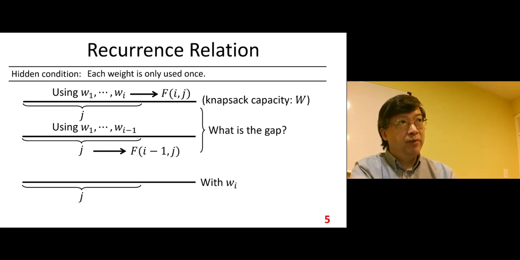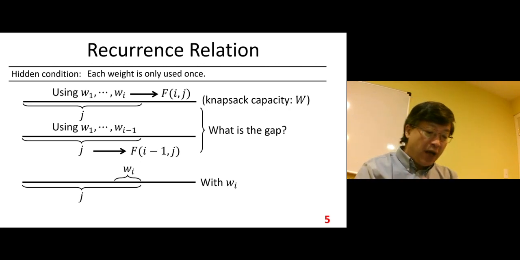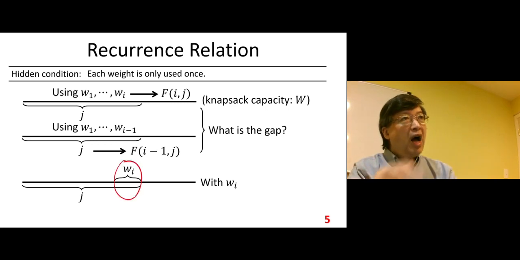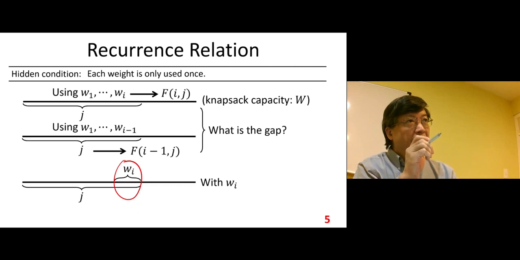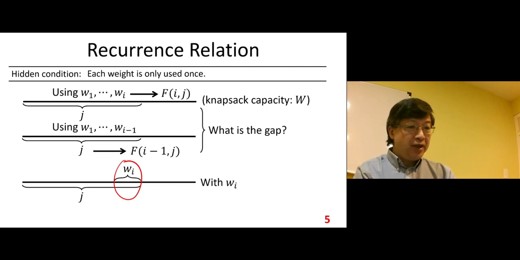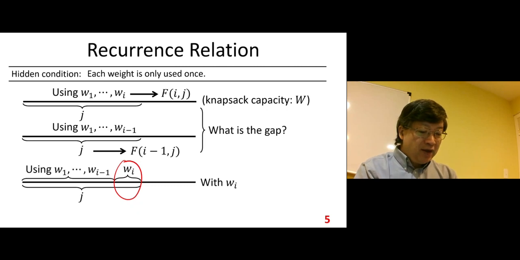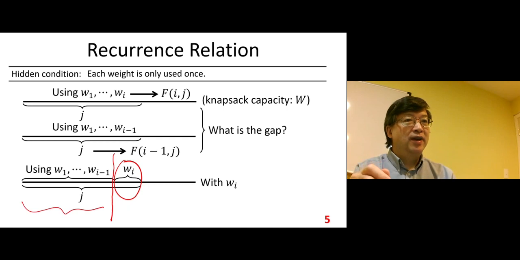That's why that hidden condition is very important. So now we use it once, right here. After we use it, there is a remaining capacity. So we can only use W1 through W(i-1) for the remaining capacity.